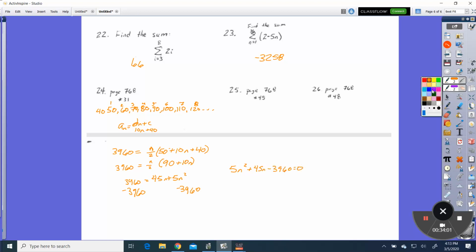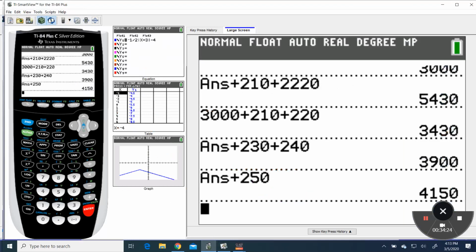Plug that into the quadratic formula, negative B plus or minus the square root of B squared minus 4AC, all over 2A. I think I actually divided everything by 5 when I was doing this on my own to make it work a little better. So then I just go to my calculator, negative 5 plus, oops, I need all that to be in parentheses because I'm going to divide it.